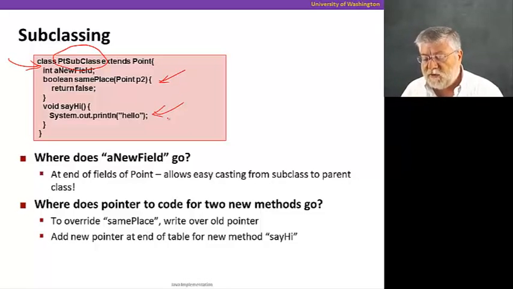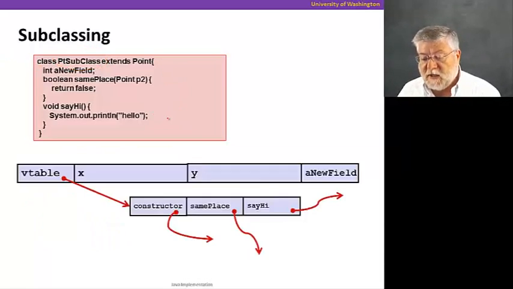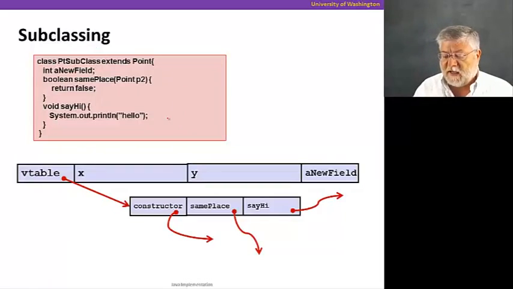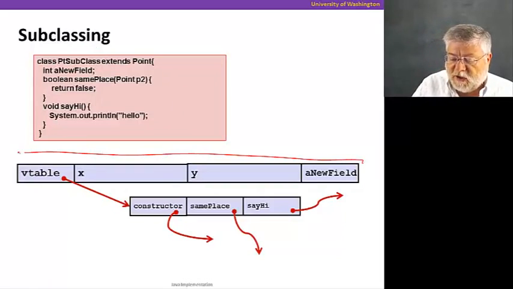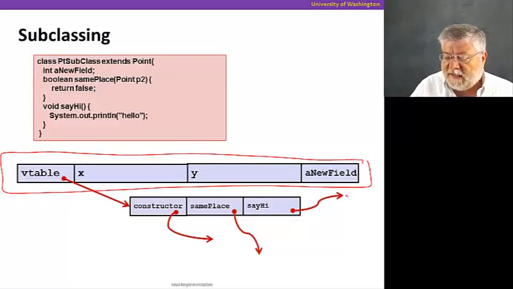All right, so what we're going to do is just add these fields and pointers onto the ends of the object in memory and to the end of the vtable. So let's take a look at what the map in memory is going to look like. Our new object is going to look just like point, except that it has an extra int at the end.